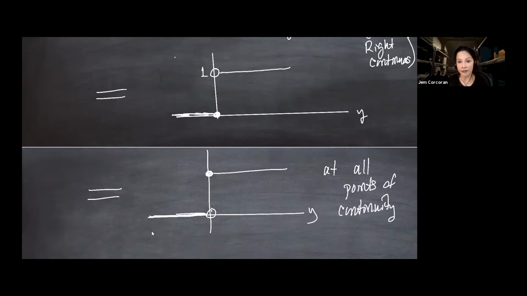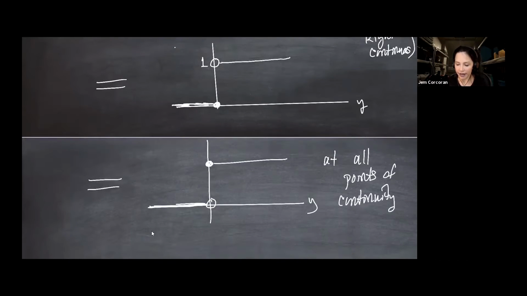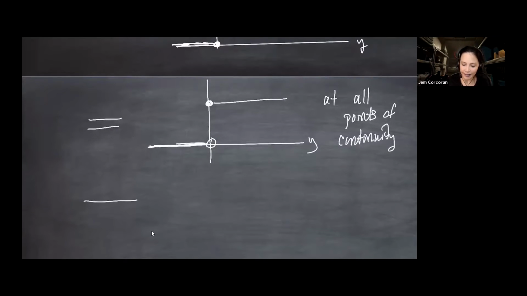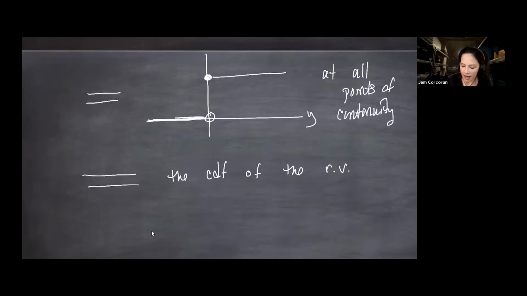And this guy is a valid CDF. It's now right continuous and is a valid CDF. So this equals this picture, equals this phrase, but this equals the CDF of the random variable x that is equal to 0 with probability 1.